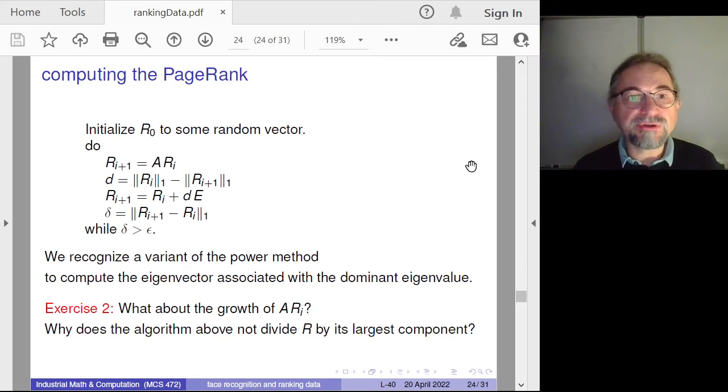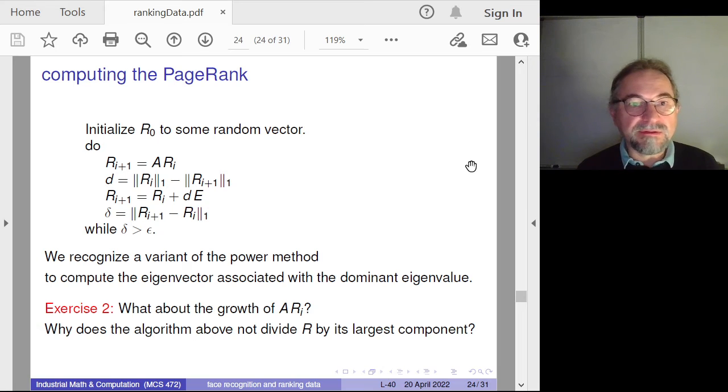The computation of the PageRank is computing the eigenvector associated with the dominant eigenvalue. So I copied this algorithm from the PageRank definition paper.